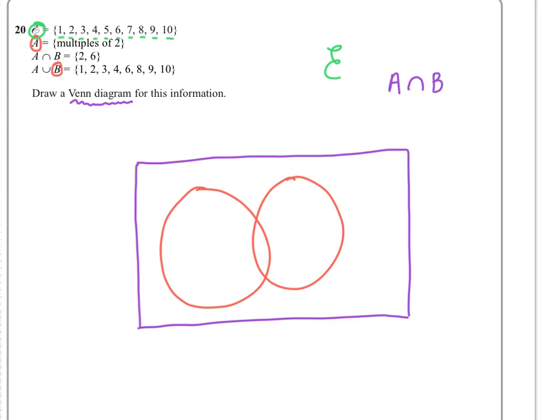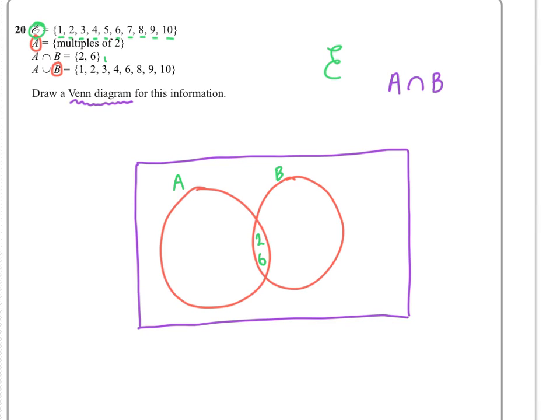So if I label this one as A and this one as B, it could be the other way round, it doesn't matter. We know that they intersect, i.e. they overlap where the numbers 2 and 6 appear. So we can put 2 and 6 in there.